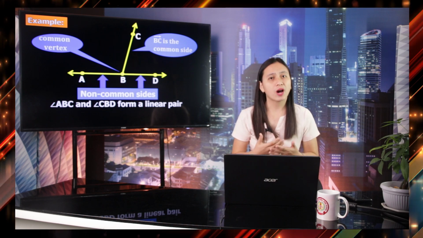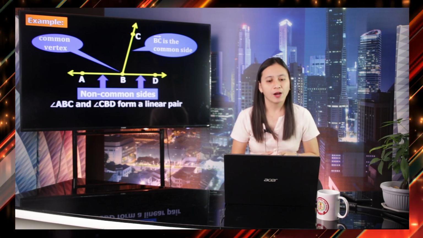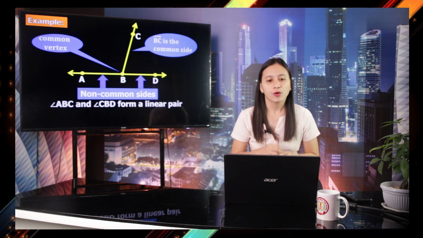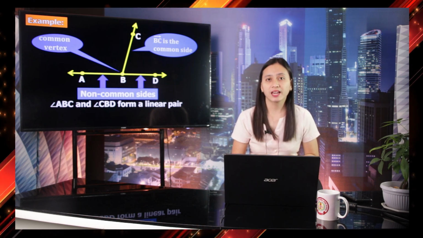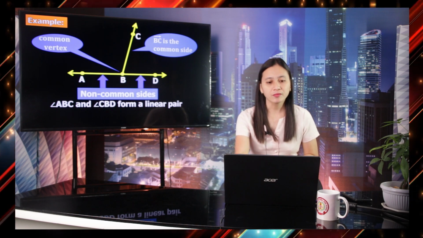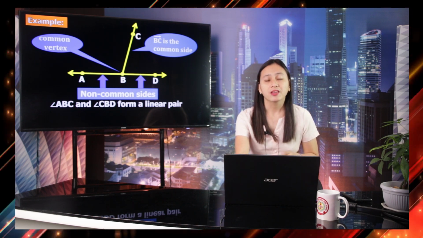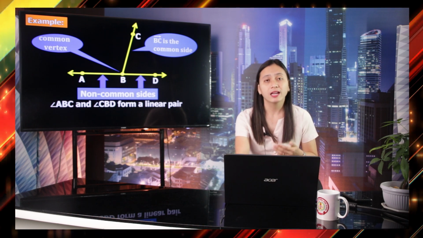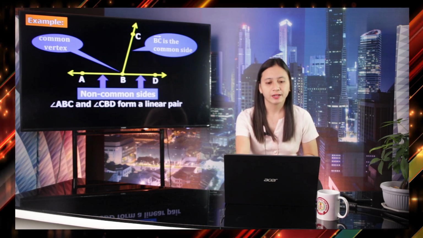We can also have this trick. If you see two adjacent angles where a straight line is formed, automatically the angles form a linear pair.